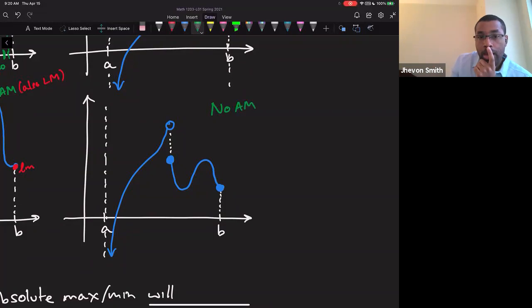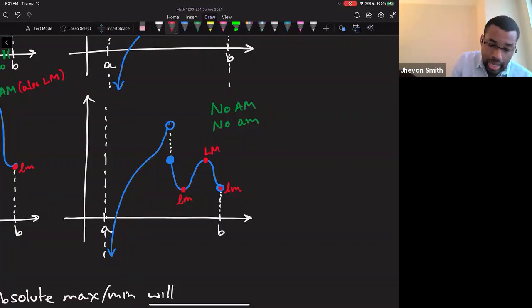Right. What's the absolute min? Well, there are no absolute mins. Local maxes, local mins, sure. We have a local min right here. We have a local min right here. We have a local max right here. And that's it. Those are all the extreme points.